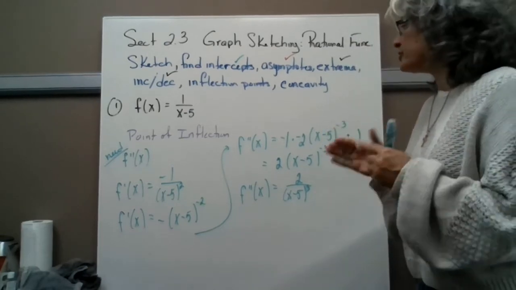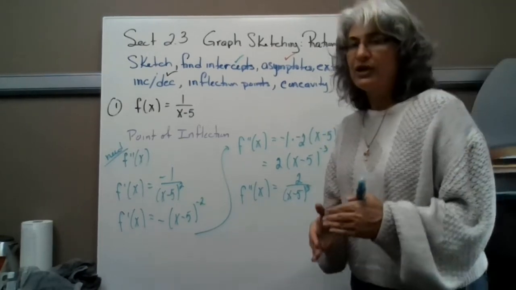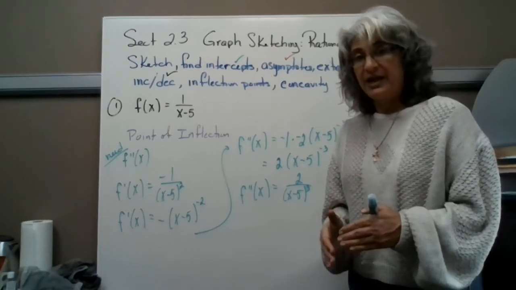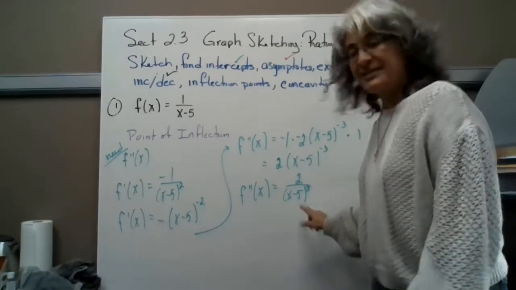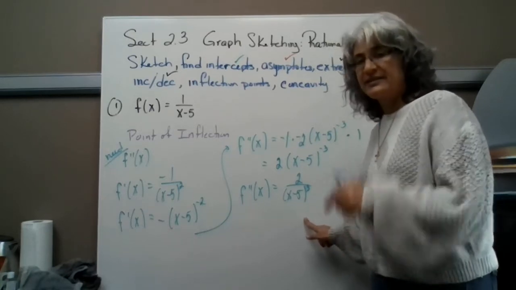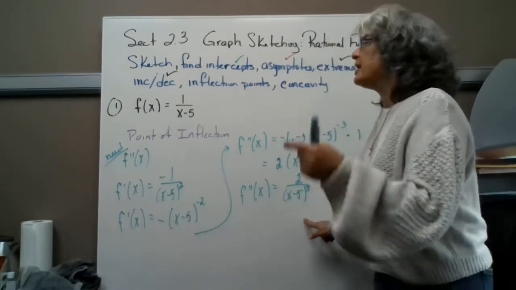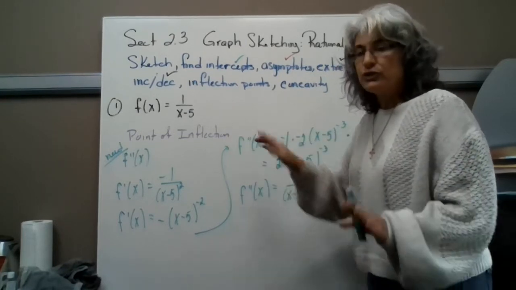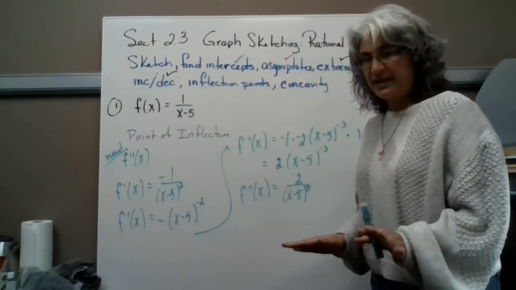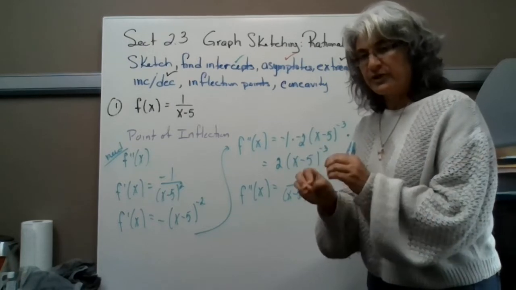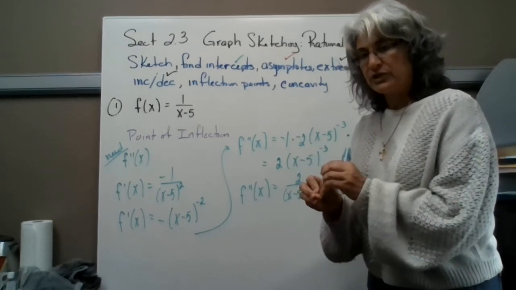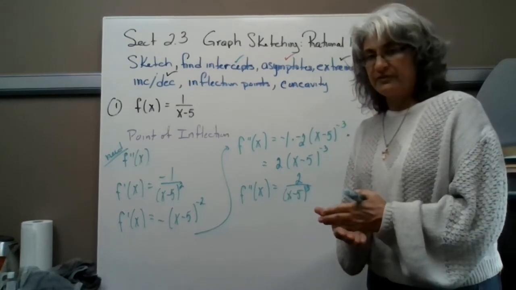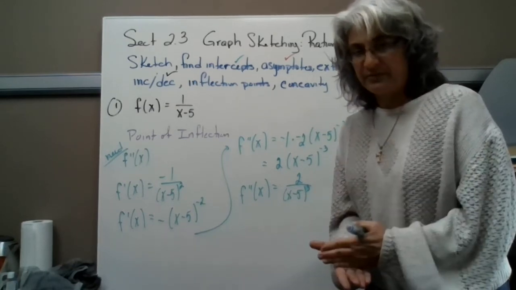Now, we're going to do the same exact thing we did when we were trying to find relative extrema. I need to take this second derivative and set it equal to 0 to find the point of inflection. So notice, the process is the same. If I'm trying to find the critical value, which leads me to the relative extrema, I take the first derivative and set it equal to 0.